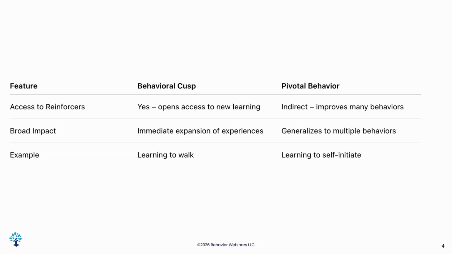So it's not necessarily that self-initiation is going to lead to new environments, but it will improve other behaviors. So that's sort of the difference between behavioral cusps and pivotal behaviors. They're both great for differential reinforcement for choosing your replacement behavior. It just depends on the situation, the individual, and what you're trying to accomplish with that individual.